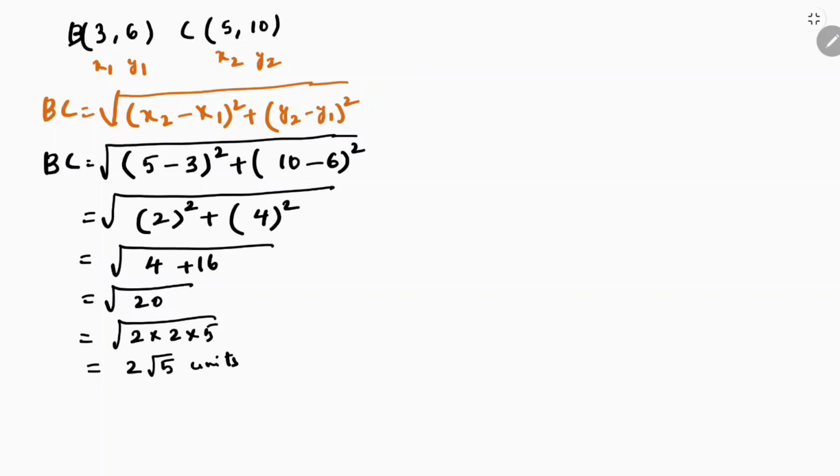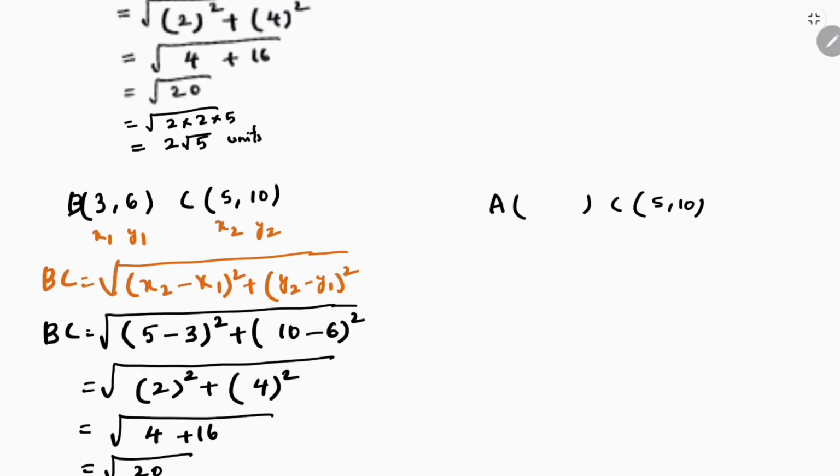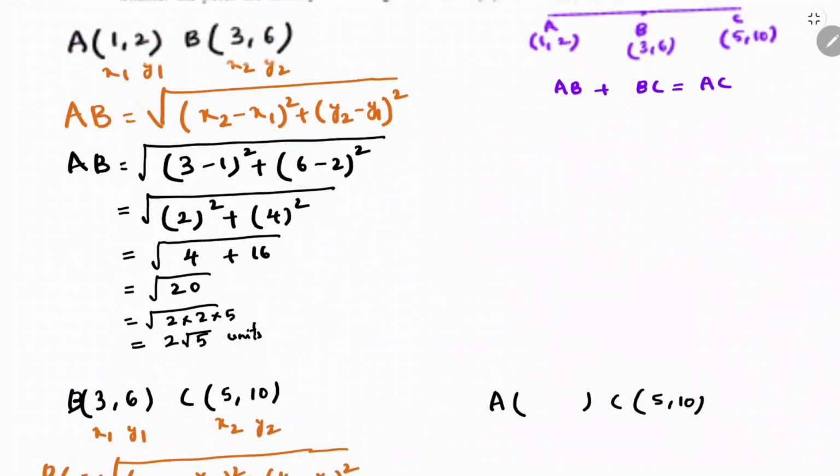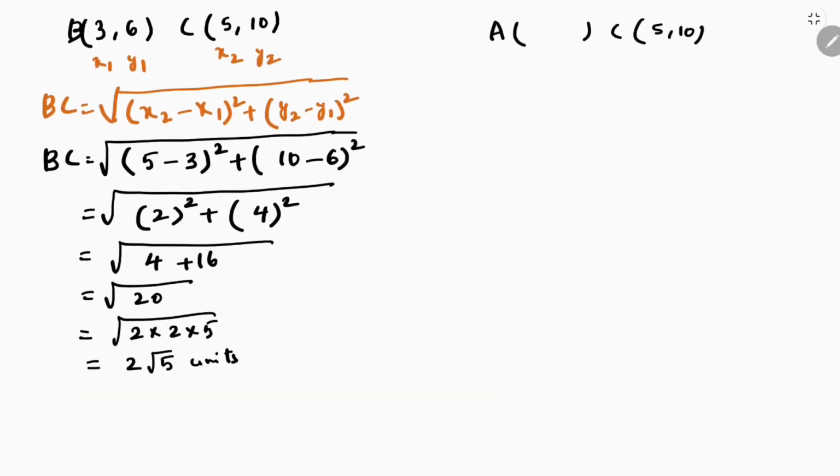Now I'll find the distance between A and C. C is (5, 10) and A is (1, 2). Here this value is x1, y1, x2, y2.